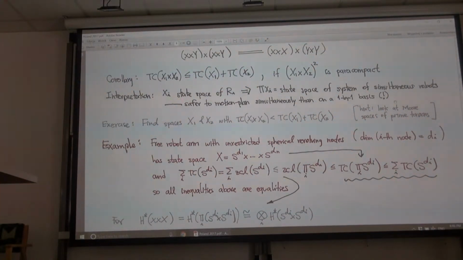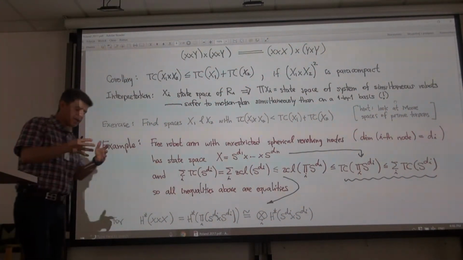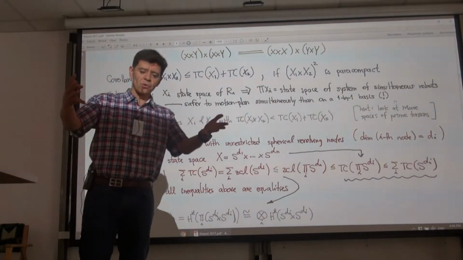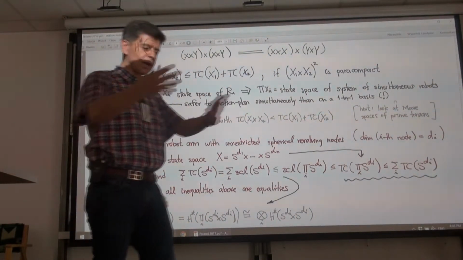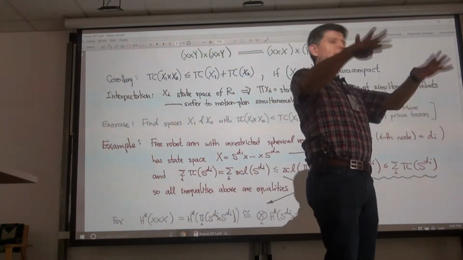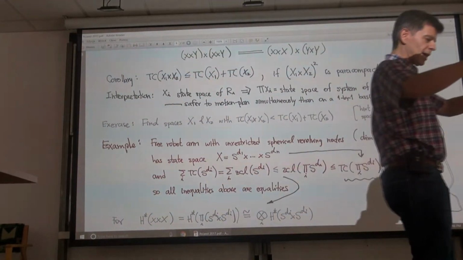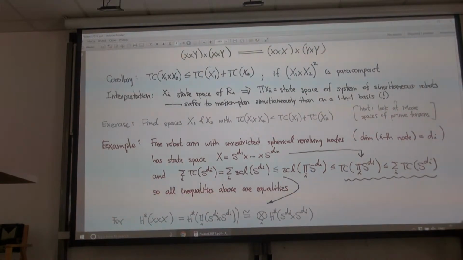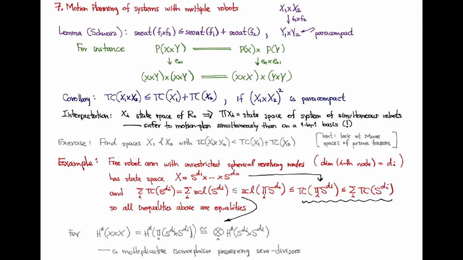Okay, as I said, the interpretation here is, well, if X1 and X2 are correspondingly the spaces of states of some robots, then you can just have the two robots do their business at the same time, and a position of those would be just a pair: a position of the first robot, comma, a position of the second robot.